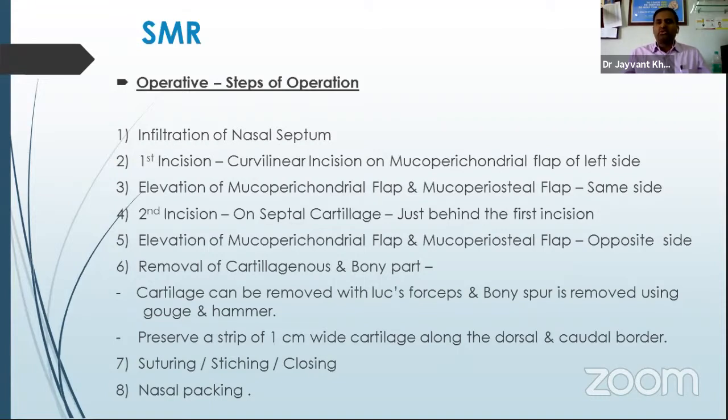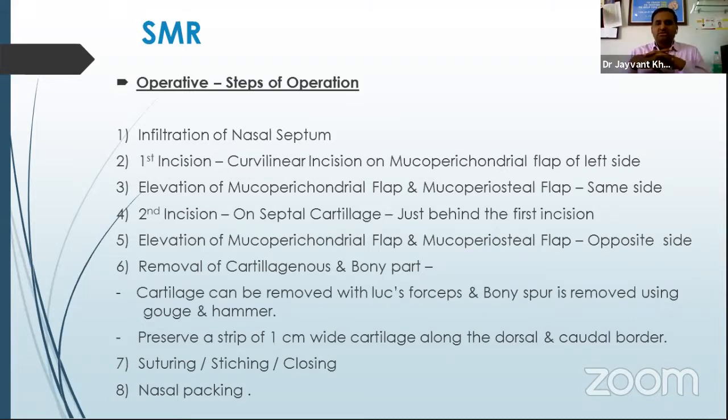Then you have to take a second incision on septal cartilage just behind the first incision, or 1 centimeter behind the first incision, with the help of surgical blade number 15. Then again elevation of mucoperichondrial flap and mucoperiosteal flap on the opposite side. Okay, then both flaps are separated from the nasal septum.